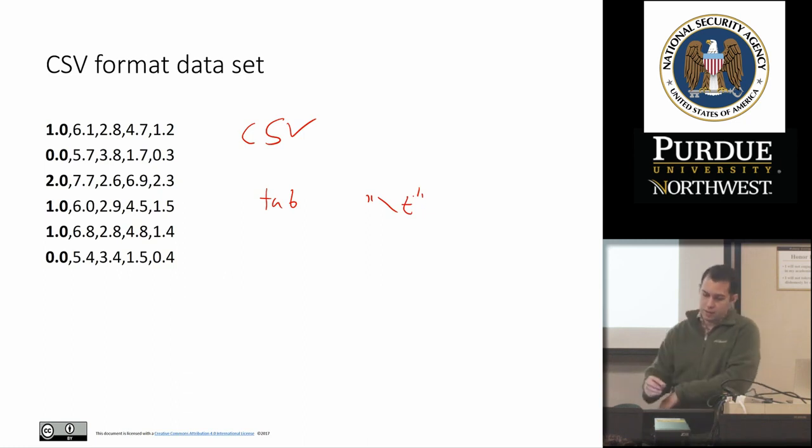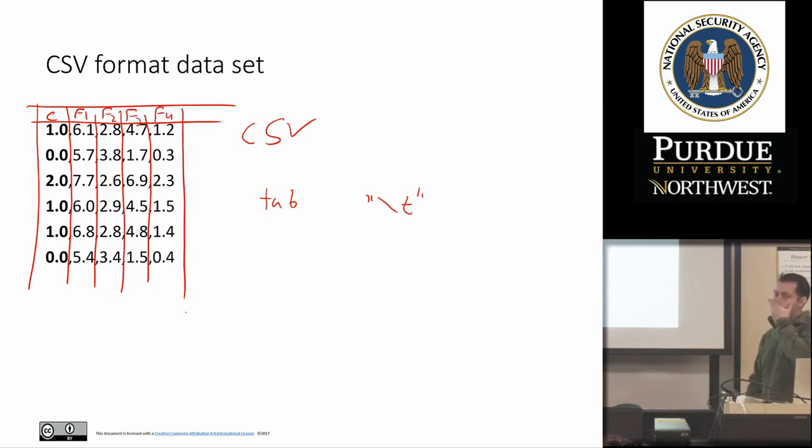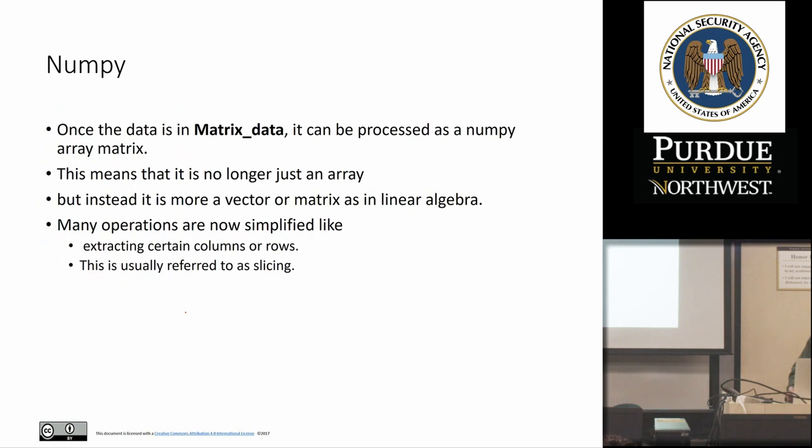And here, if you look, are your columns. So this is the class. This is F1, F2, F3, F4. Do you see that? So that's our data set, and then we can use it.